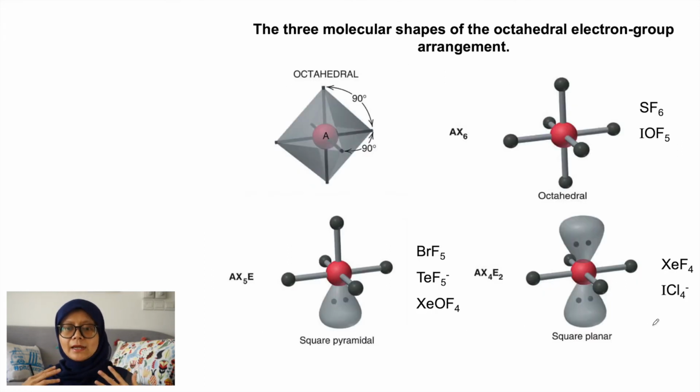So these are the three molecular shapes of the octahedral electron geometry arrangement. We have octahedral, AX6 or AB6.